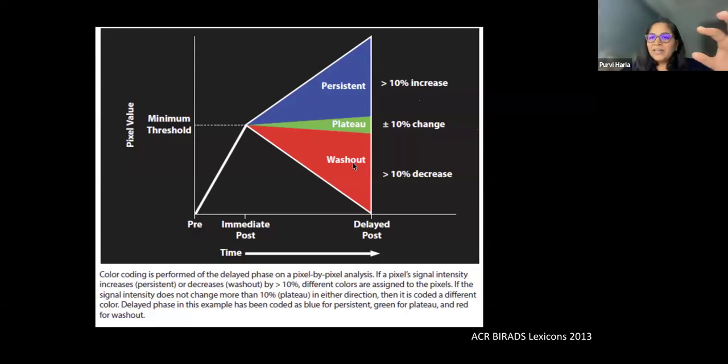So this is how the kinetic curves are measured. Many times you can just look at all the images together and talk about what kind of kinetic curves those images will have.